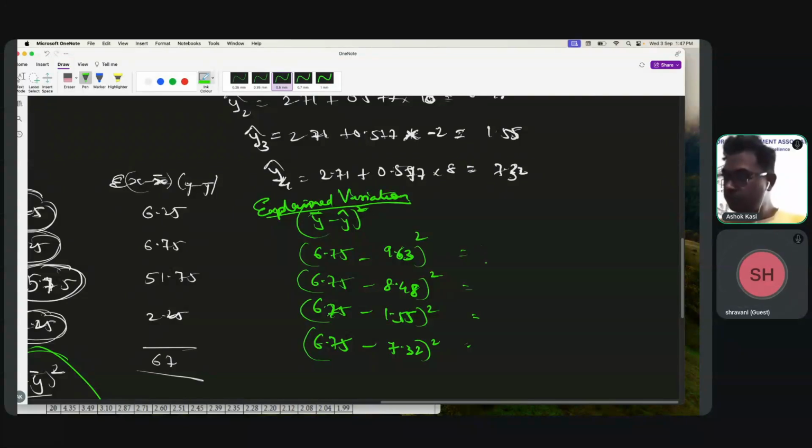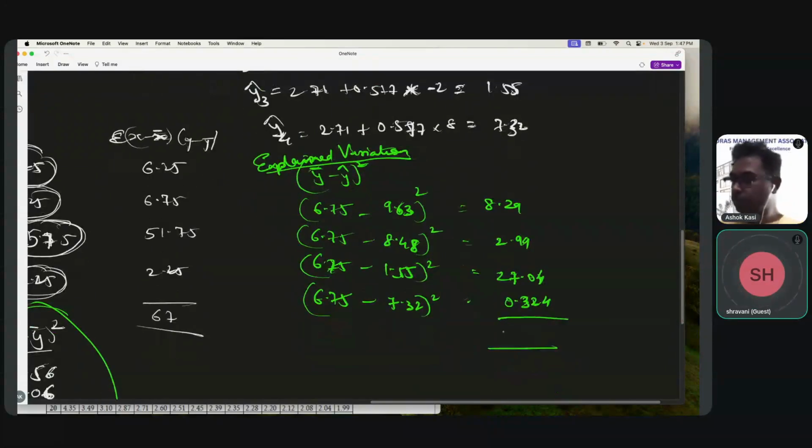First one is 8.29. Second 2.99. 27.04. 0.324. And the total is 38.65.